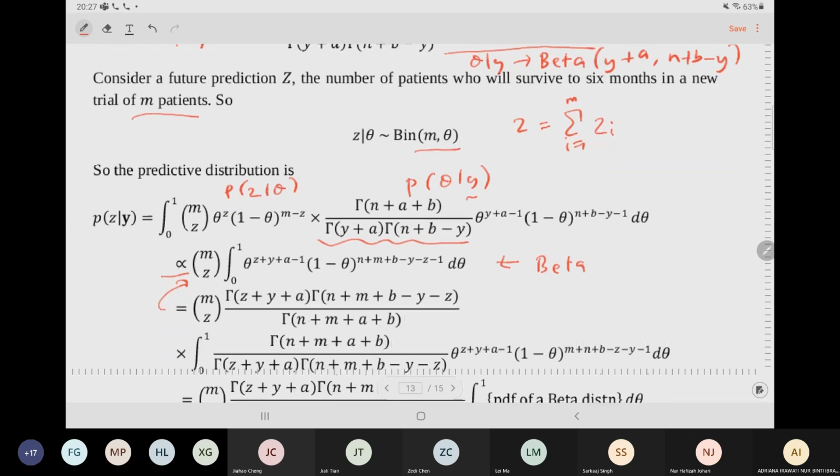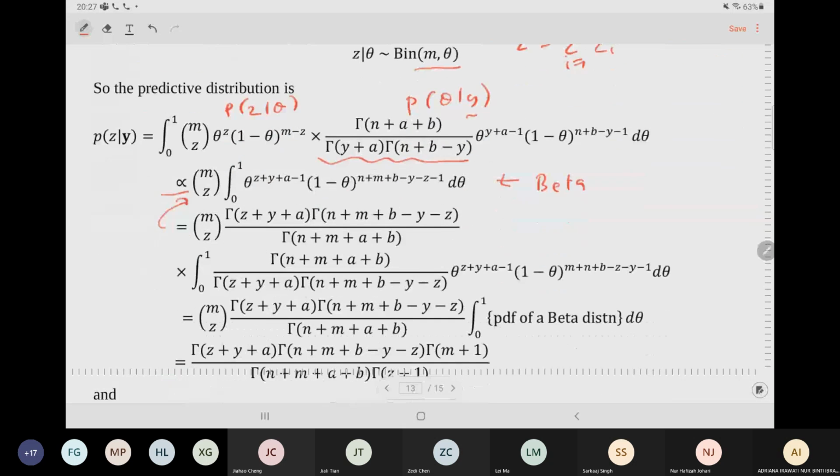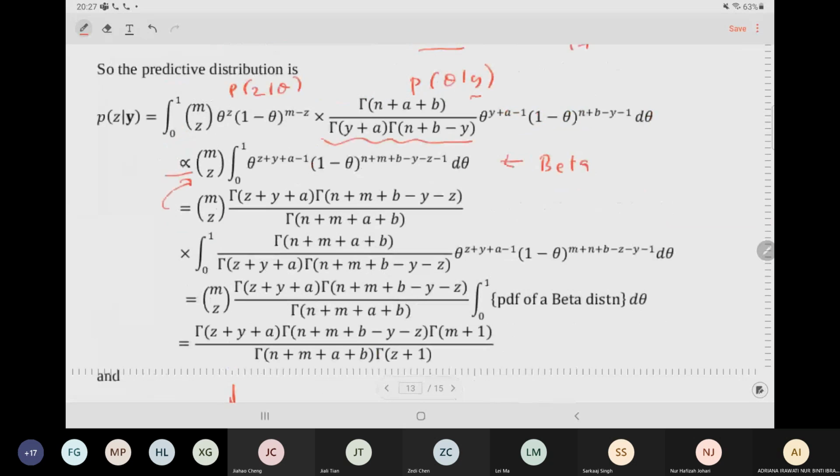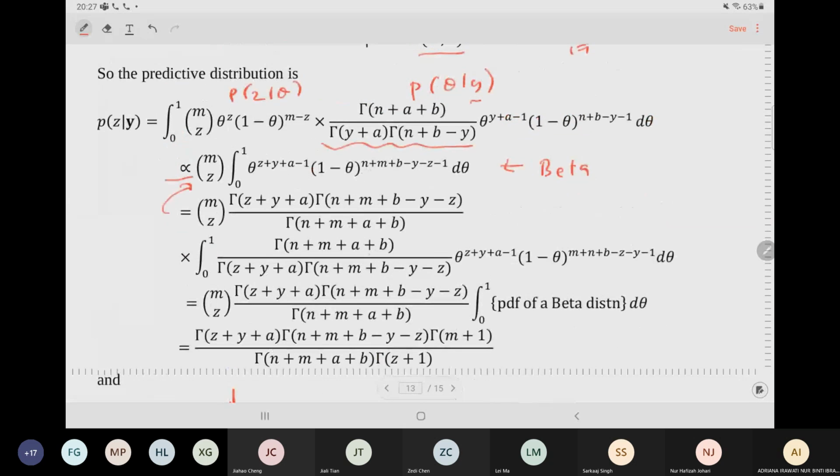After you recognize it's a kernel of a beta, to make it easier to integrate, you recognize it's a beta. So this is actually a beta distribution, and because a proper PDF should have a constant also, you add this one, which is basically a constant.